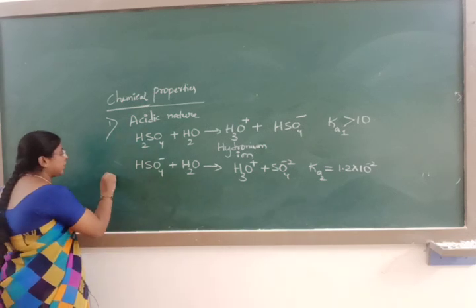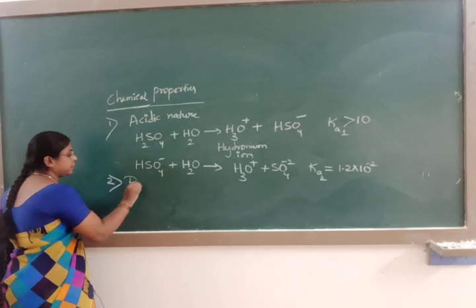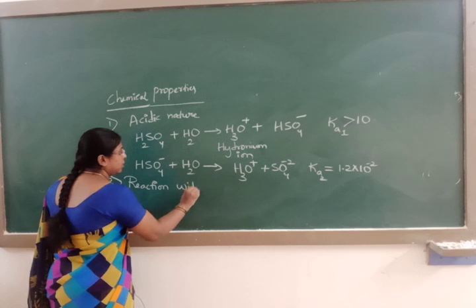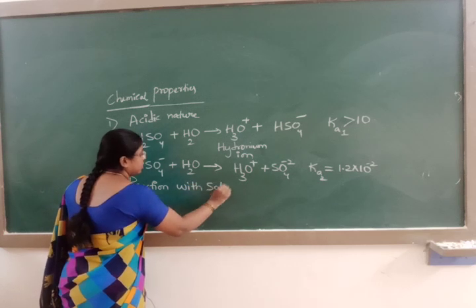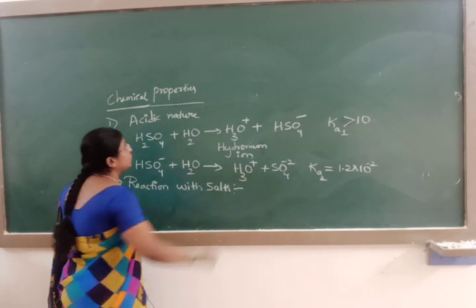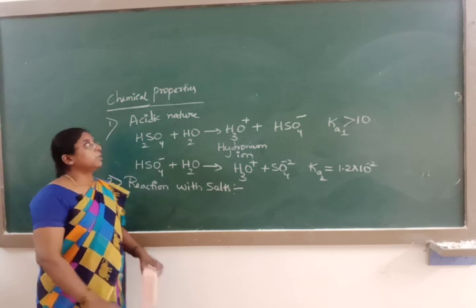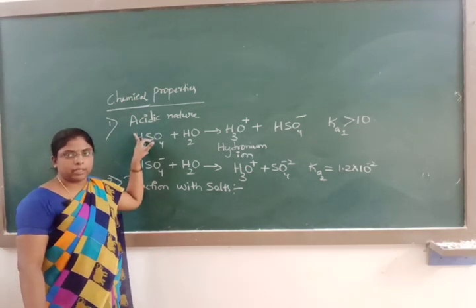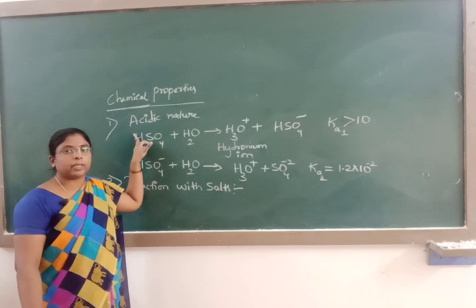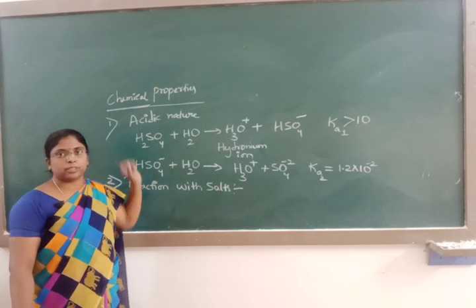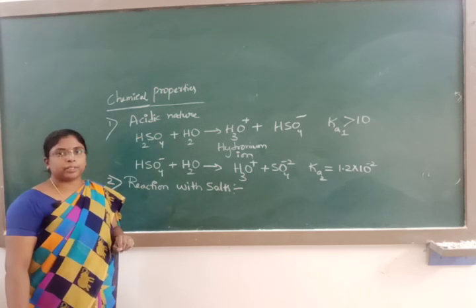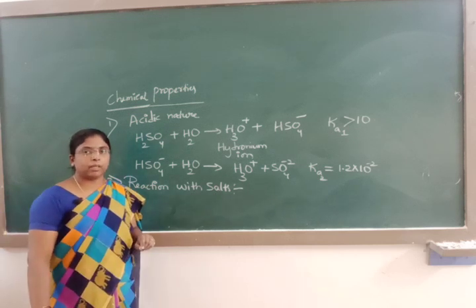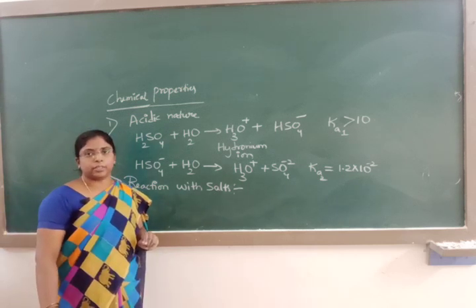Second comes reaction with the salts. If you see the nature of sulfuric acid, it is a strong acid, it acts as an oxidizing agent, it acts as a dehydrating agent, and it is very low volatile in nature.